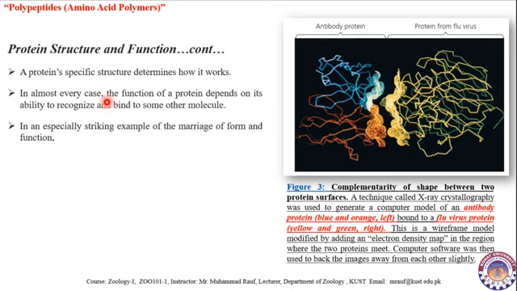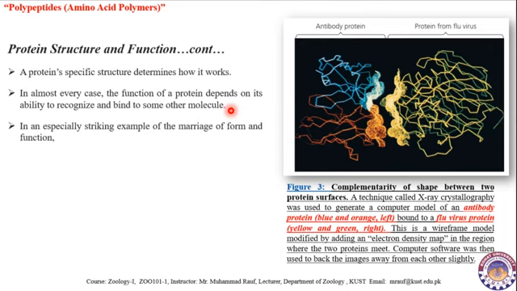In almost every case, the function of a protein depends on its ability to recognize and bind to some other molecules. I think you will understand this statement better when you recall the enzymes. The enzymes have specific sites called active sites for the substrate.